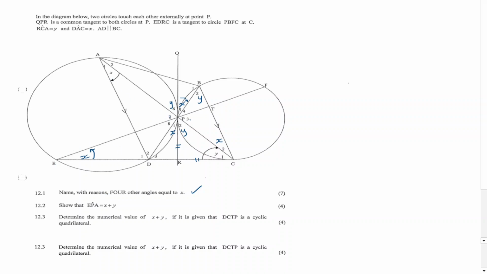EPA, which is basically P7. And what you could do is you could try to do sum of triangle here. You could try to see what other vertically opposite you can do. What I'm noticing is that I've got a big triangle over here, and so if you want to redraw in the noise, which is great advice when things get a bit busy, I've got an X in the corner and I've got a Y in this corner, and they're wanting me to work out this angle here, and so it's just the exterior angle of a triangle.